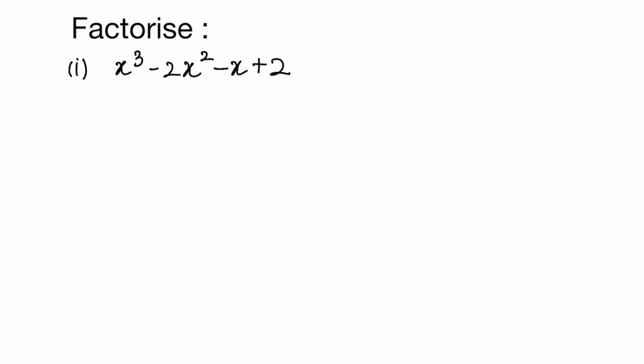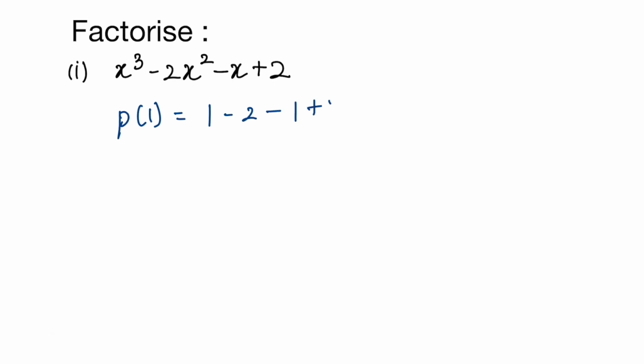So let us just say, let us find the value of p of 1 and see if it comes out to 0. So x cube is 1. Minus 2 into x squared, so x squared is 1, so it's just minus 2, and then we have minus x, so that is minus 1, and a plus 2.